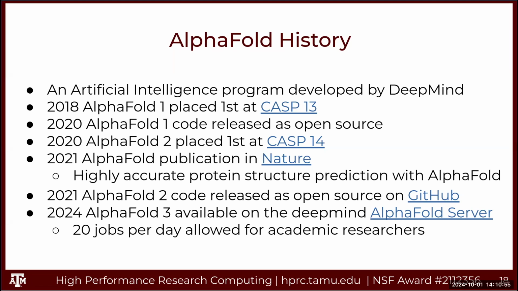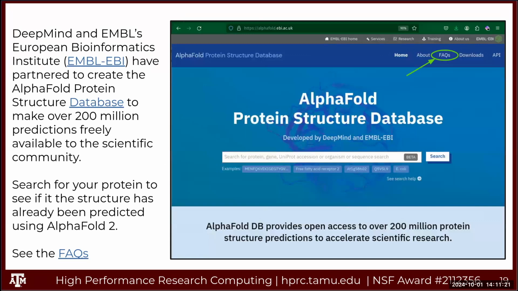So in just 6 years, with code release actually in 2020, so just like 4 years, it went from AlphaFold 1 to AlphaFold 3. They do have AlphaFold 3 available for academic use. The only limitation that they announce is 20 jobs per day for academic researchers. And we'll go over an AlphaFold 3 job.